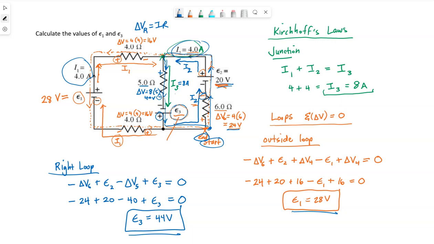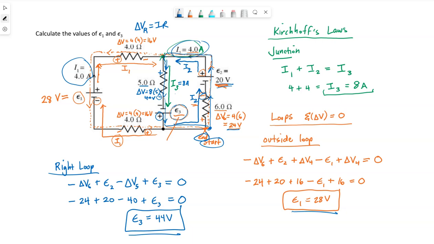So it's all about writing out our junction equation and a couple of loop equations. Typically, if we've been given a current, it simplifies the algebra a little bit. Doesn't mean it makes it easy. It just simplifies the algebra a little bit.